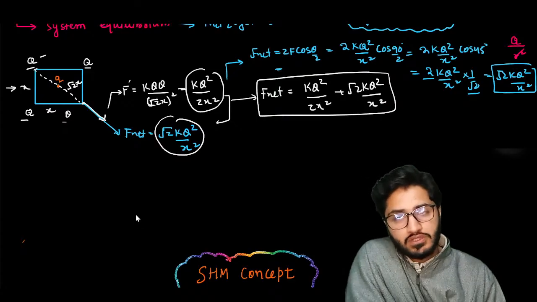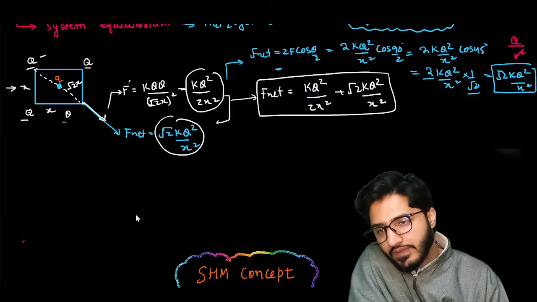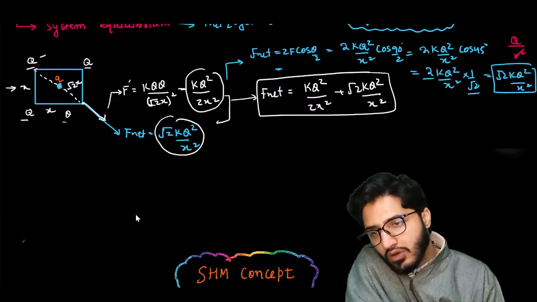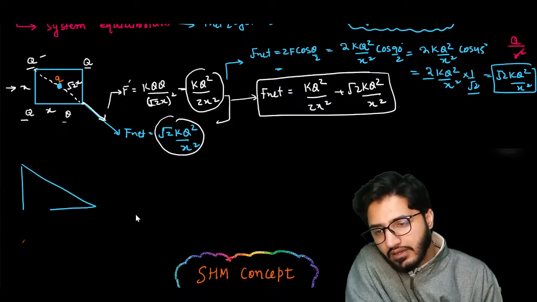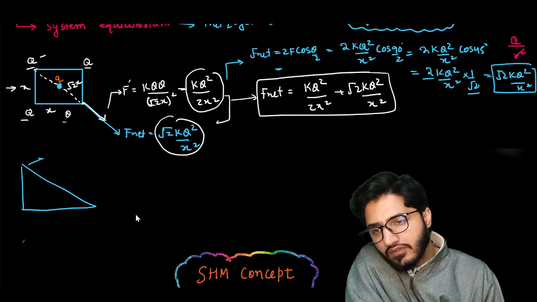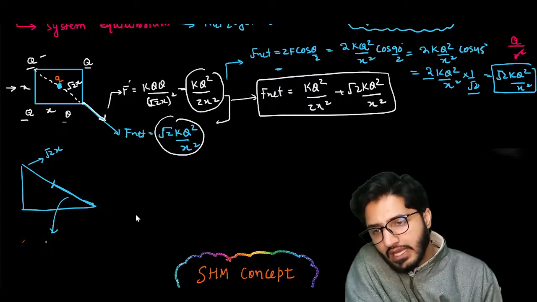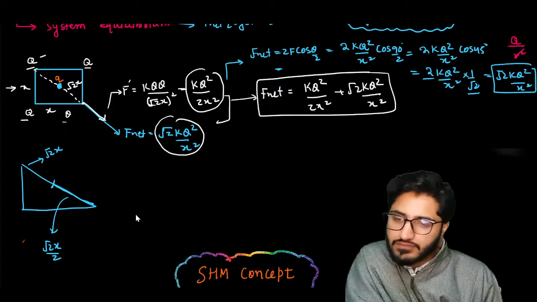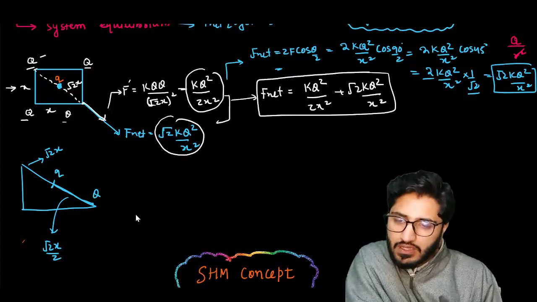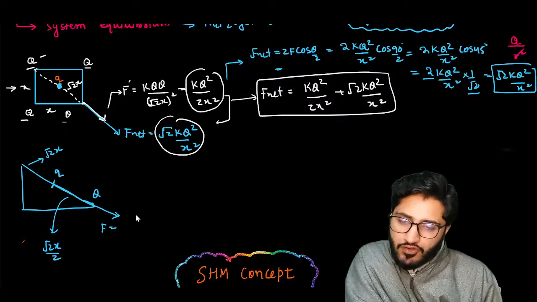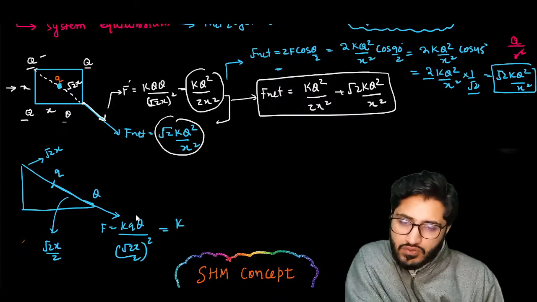If the whole length of this one is root 2 X, I need to half it. So the half length would be root 2 X whole divided by 2. Here is Q, this one is Q. Now one more force is there, this much. It would be K Q Q whole divided by root 2 X by 2 whole square, which equals K Q Q whole divided by 2X square into 4.